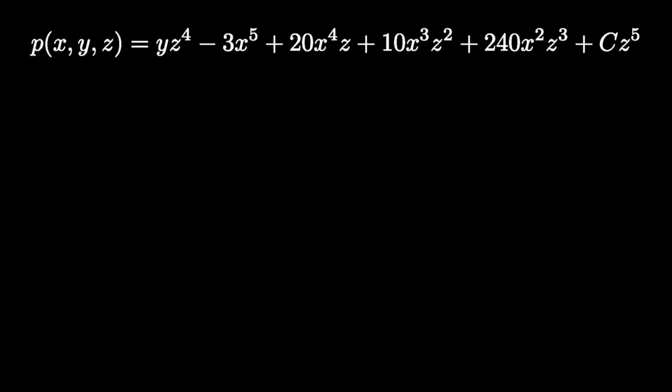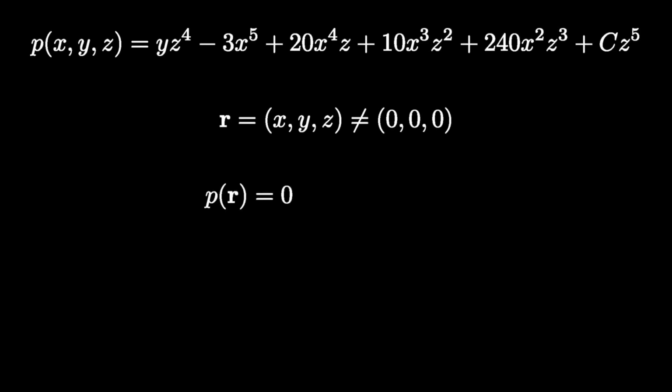We used our z to take this polynomial in one real variable and transform it into a polynomial in three real variables. So let's say that there's a point in three-dimensional space x, y, z, which is a solution of this polynomial. In other words, if we take the x, y, z for this point r and plug it in, it's going to be equal to 0, so it's a solution.